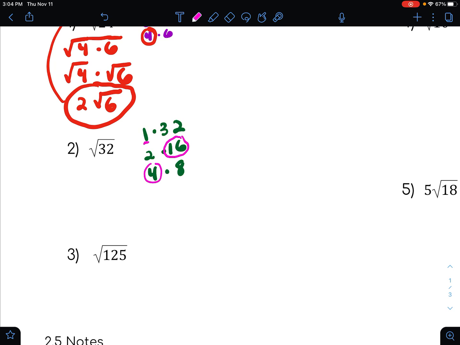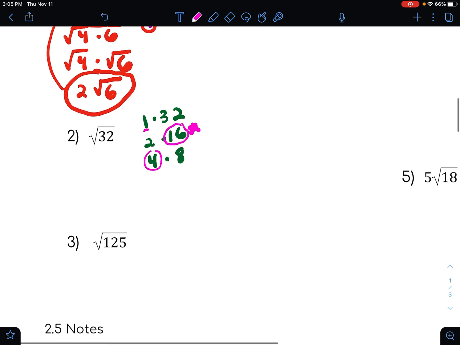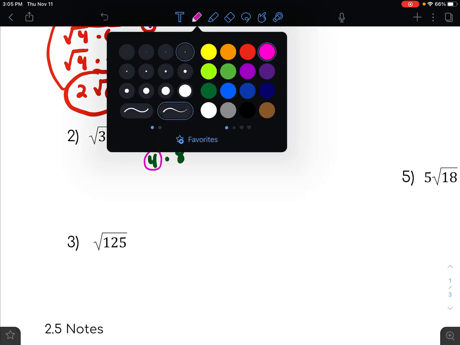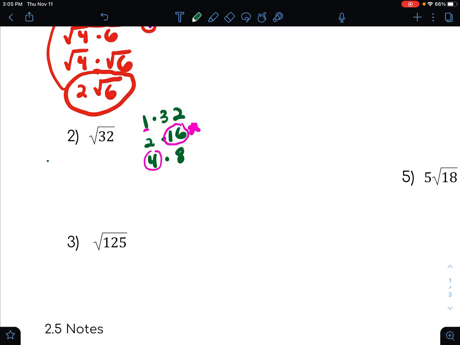Again, we don't really think of 1 because the square root of 1 is still just 1, so it doesn't really simplify. When this is the case, what we want is the bigger perfect square to use. So in this case, we're going to break up 32 into the square root of 16 times 2.